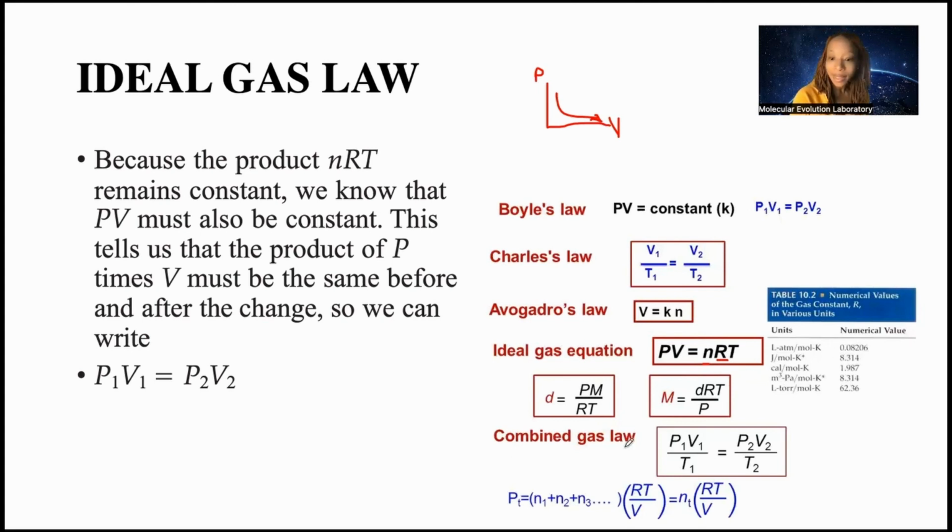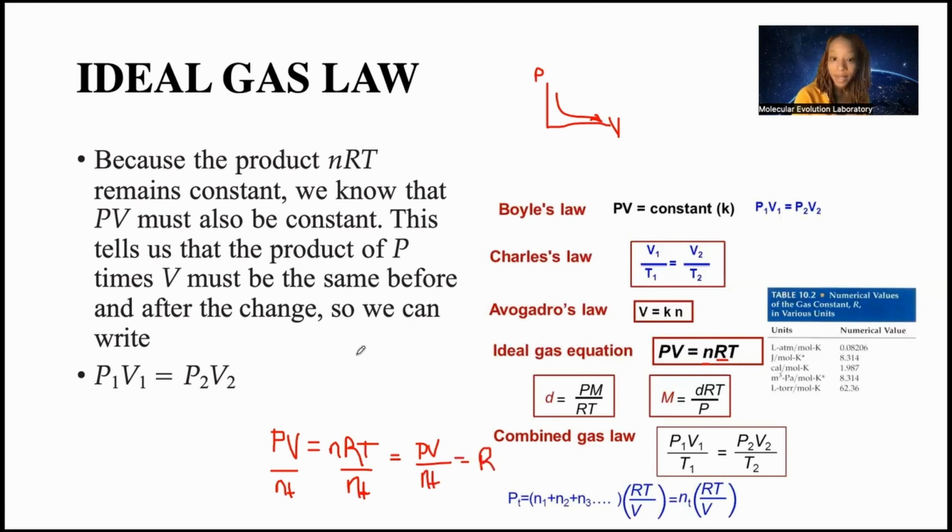So the combined gas law is basically the ideal gas law that combines all the other laws. For example, if we write the ideal gas law, PV equals nRT, we can divide PV by nT. This will be equal to R, which is constant.